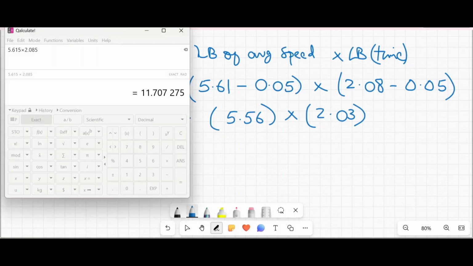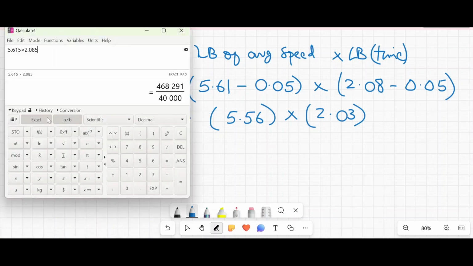So when we multiply these both quantities, this is 5.56 into 2.03. So we get answer is 11.28.